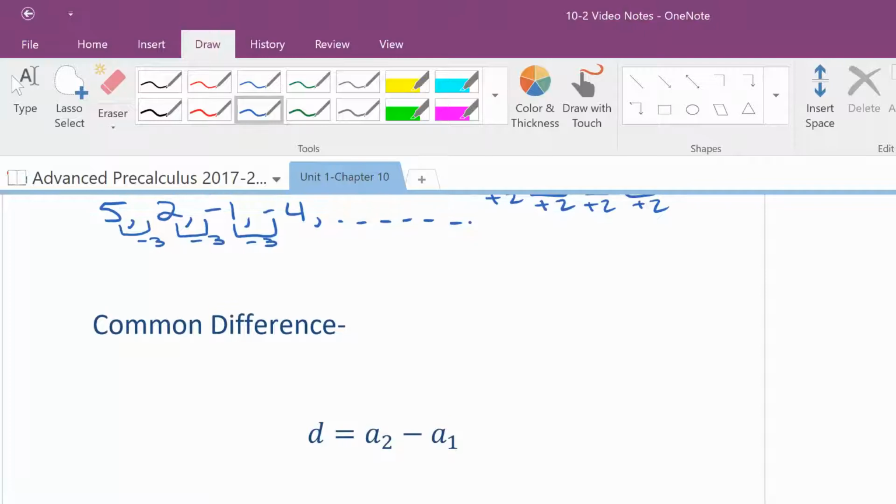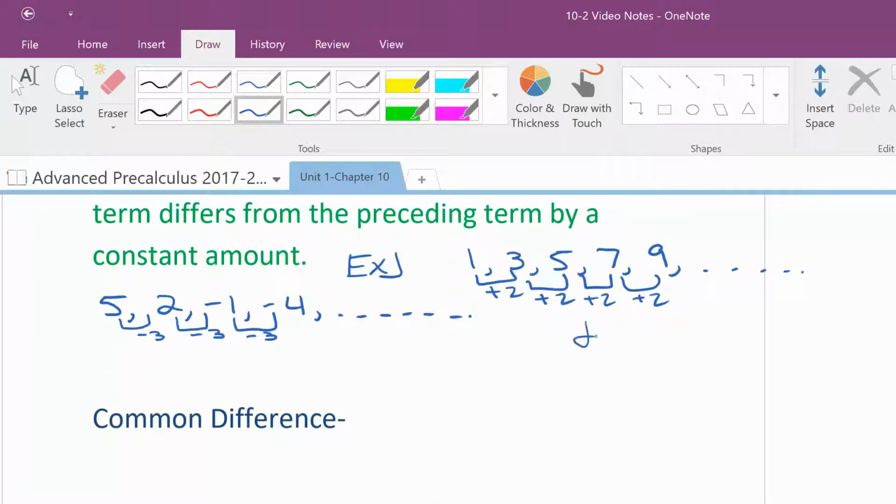The common difference is defined as the second term minus the first term. So in the first sequence, the common difference is 2 because 3 minus 1 is 2. Here the common difference is -3 because you subtract 3 to go from one term to the next.